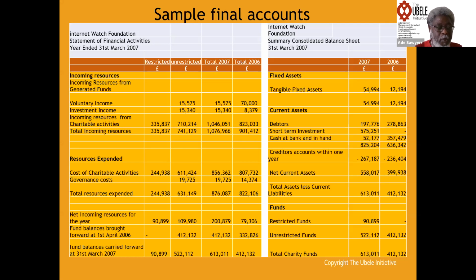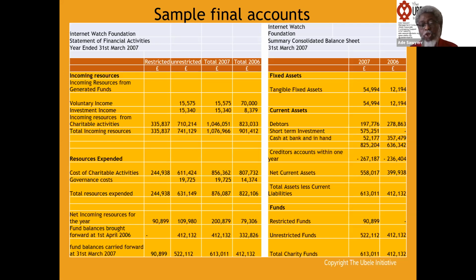On the bottom side, we have resources expended, which is the actual resources that you use in delivering the services. And if you take the resources expended from the total incoming resources, in this case, you realize that you are left with 200,000, which is made up of what we call the net incoming resource for the year. Again, it's distributed into restricted funding and unrestricted funding, and you get your total amount.